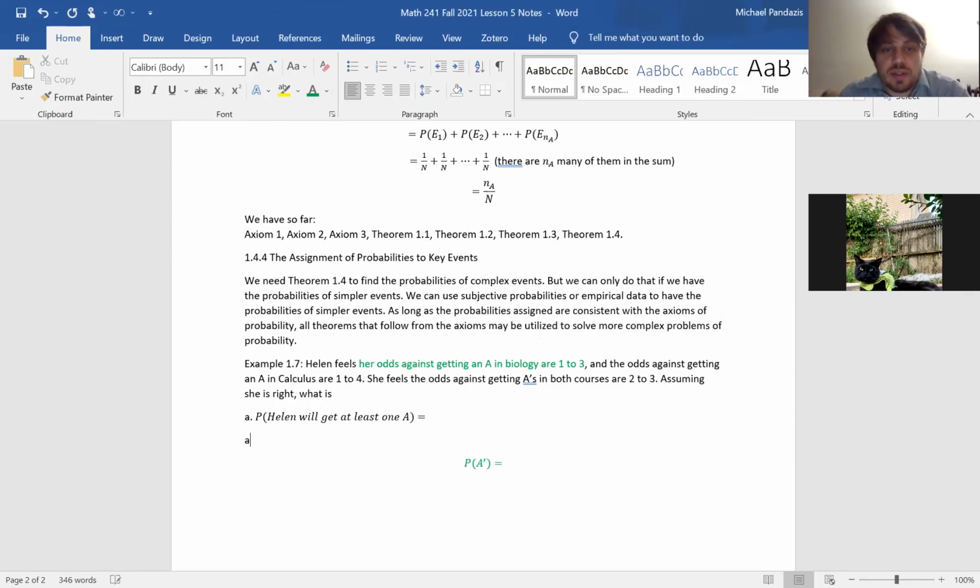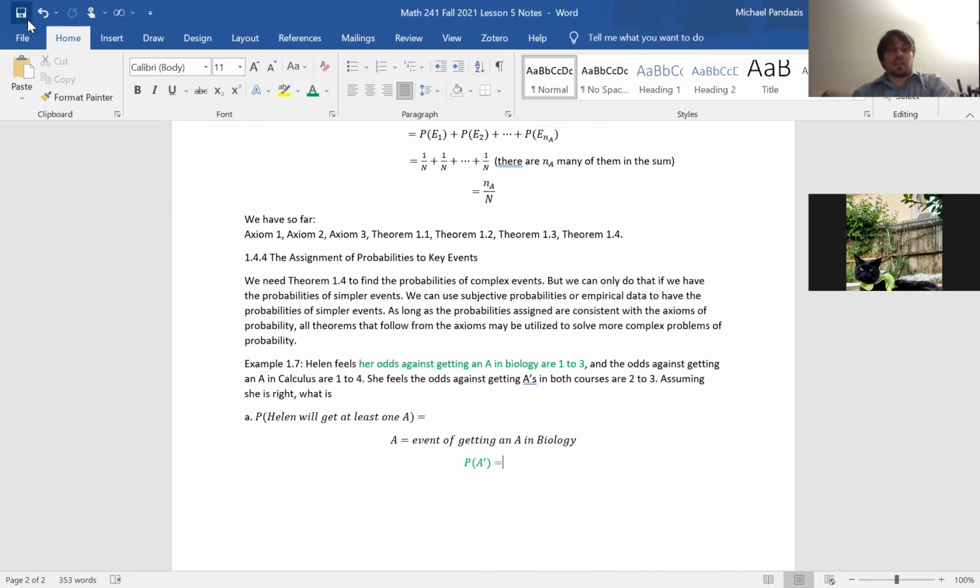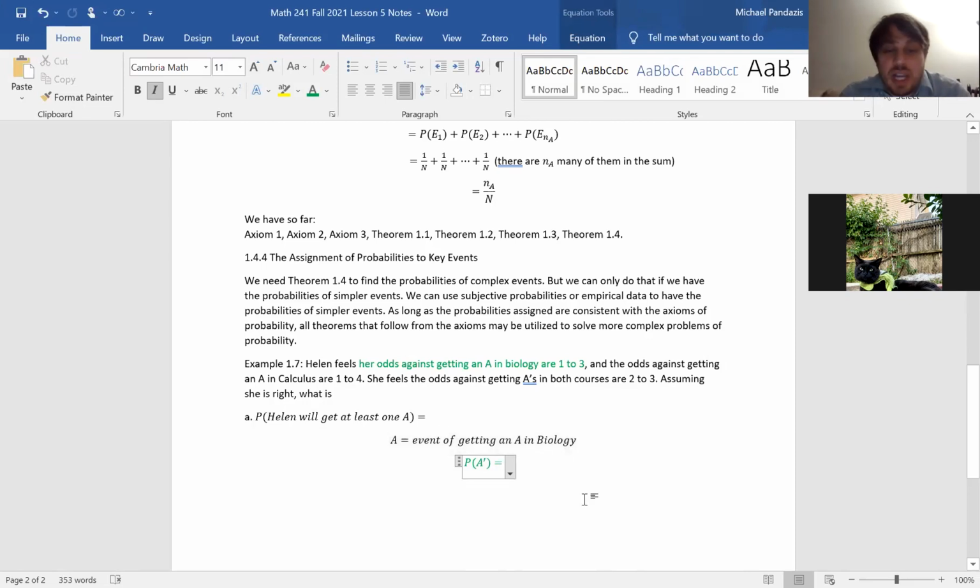So event A is the event of getting an A in biology. The probability of not getting an A in biology is equal to not 1/3, but 1/4.